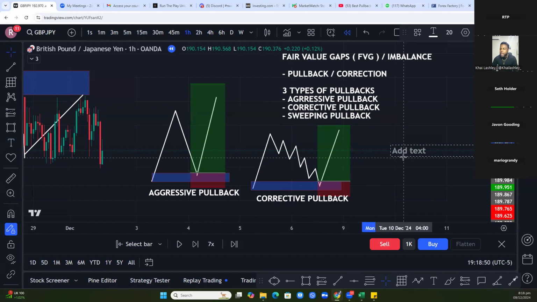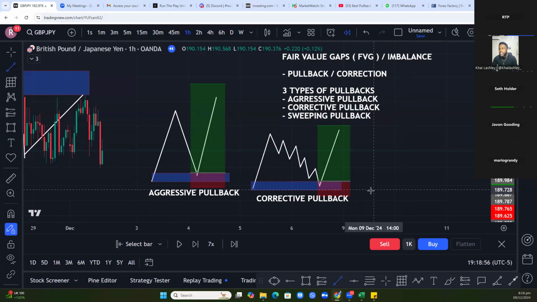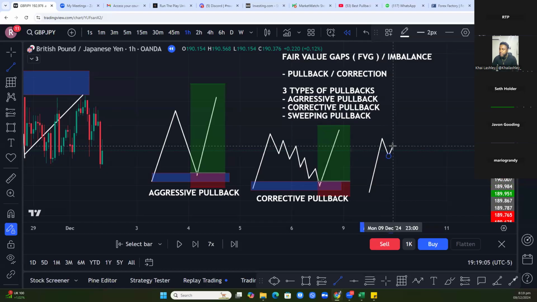Then you have your sweeping pullback. Let me show you first, and I want you to tell me why you think it's called a sweeping pullback. So this is your sweeping pullback. You have price trading down, kind of like corrective.